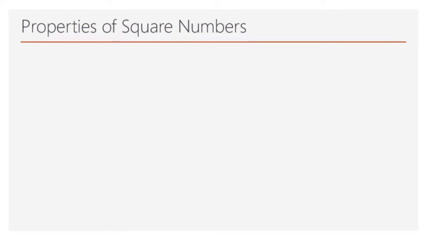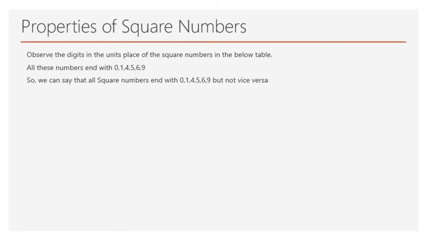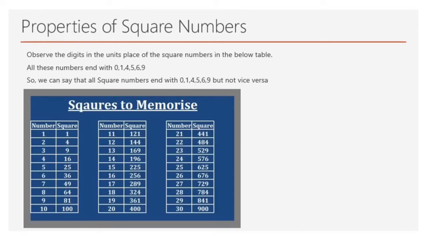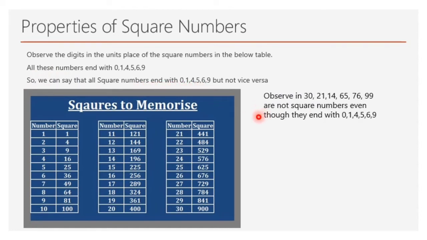Properties of square numbers. Observe the digits in the units place of the square numbers in the below table. All these numbers end with 0, 1, 4, 5, 6, 9. So we can say that all square numbers end with 0, 1, 4, 5, 6, 9, but not vice versa.